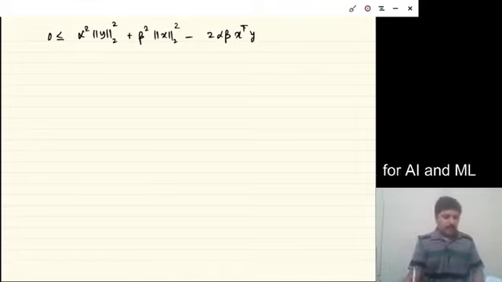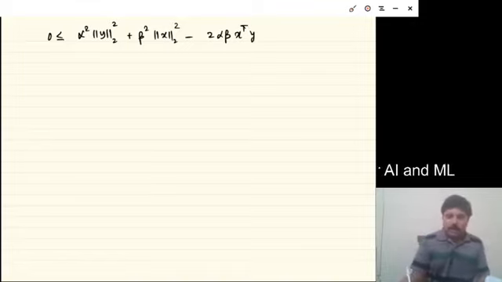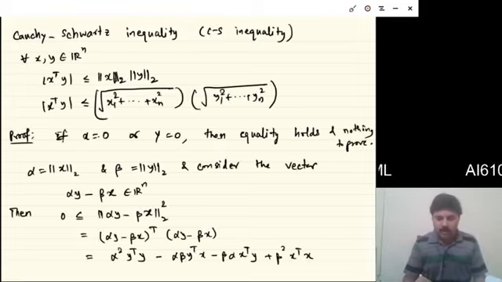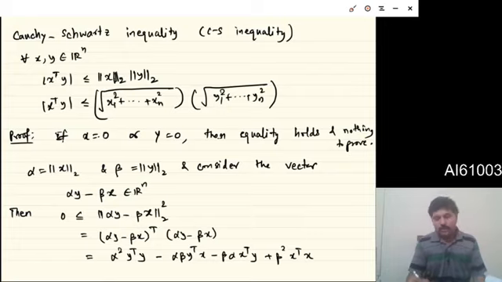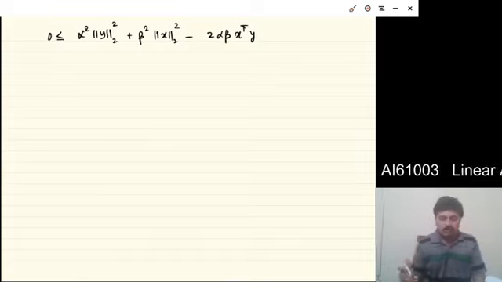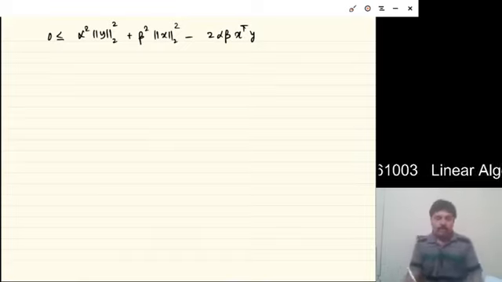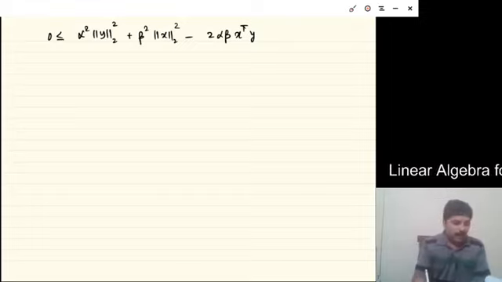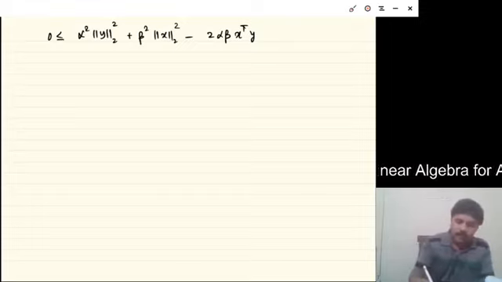That's what I am going to get. And now you remember what these alpha and beta are. These alpha and beta are nothing but the 2 norms of x and 2 norms of y respectively. So they are positive numbers, so I divide by the product alpha beta, I will not change the inequality, and when I divide by that, what am I really left with?